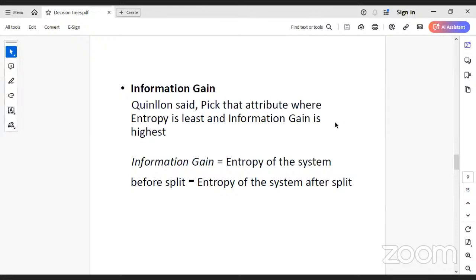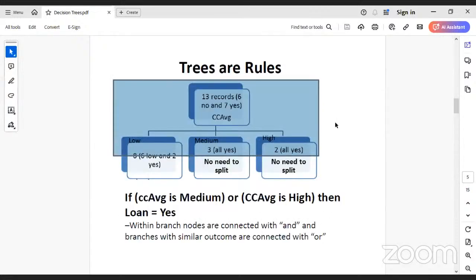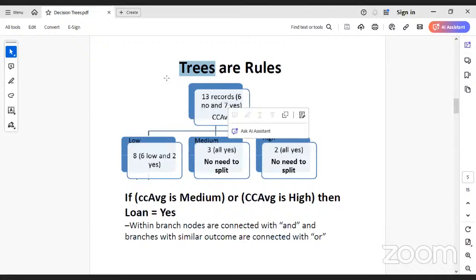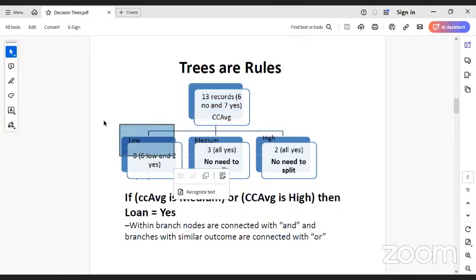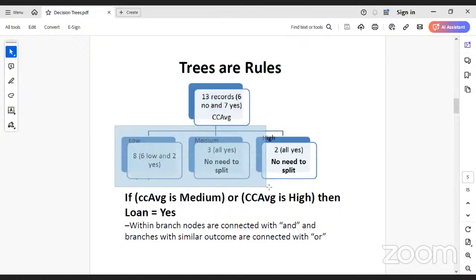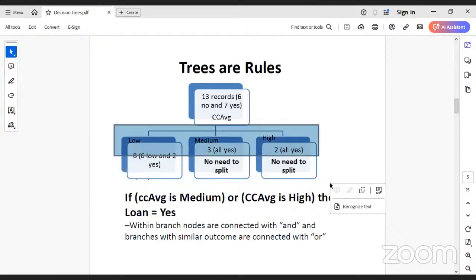What he said is, let us calculate entropy at the beginning. We calculate entropy at the beginning, let us call it A. Then at the same time, we will calculate the entropy after splitting, let us call it B. So from A, if we subtract B, whatever we are left with is called information gain.